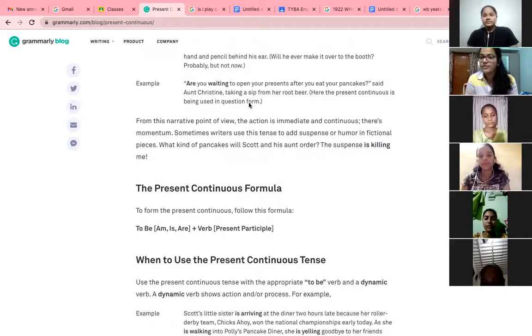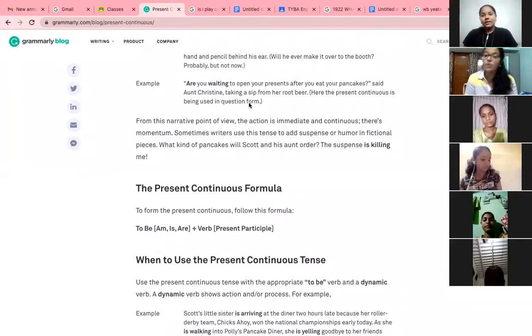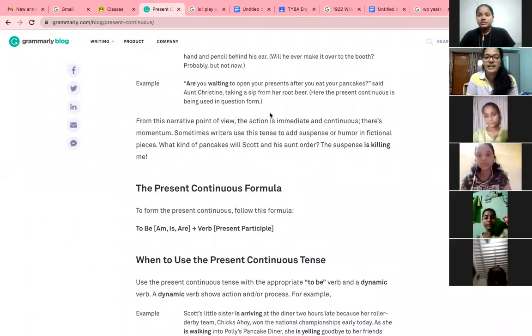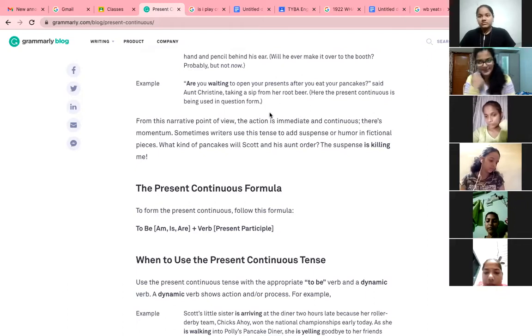Are using the usage of is, am, तो bracket में इन तीनों में से कुछ भी आ सकता है, and the verb is present participle. Now the verb, present participle verb in itself is a very telling one. I am going to submit my homework on Friday. Yes, it's a present continuous sentence. Good job.